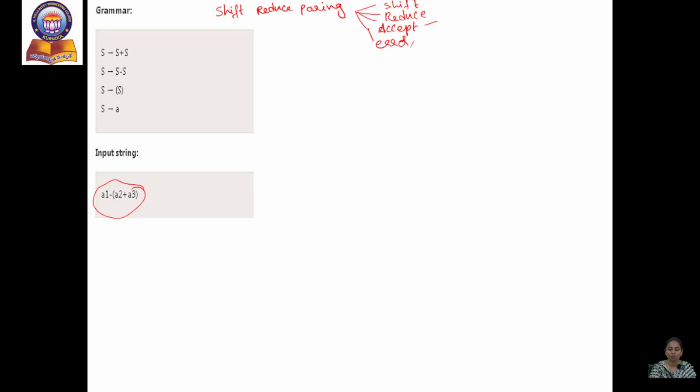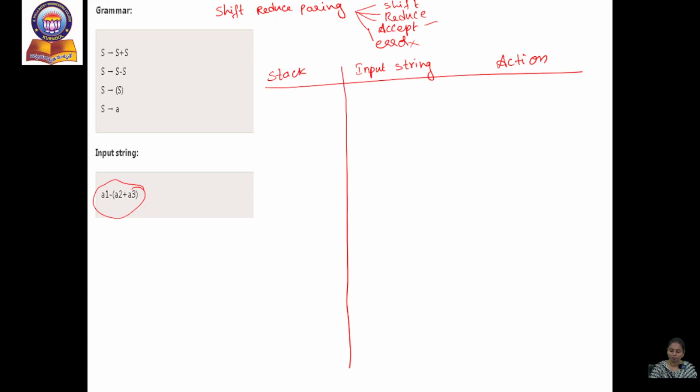So for that we need, as usual, a stack, the input string and the parsing action. In the stack, we are going to have only the dollar at the initial state, and in the input string, we write the string which is given to us to parse, to find out whether it is accepted or error.